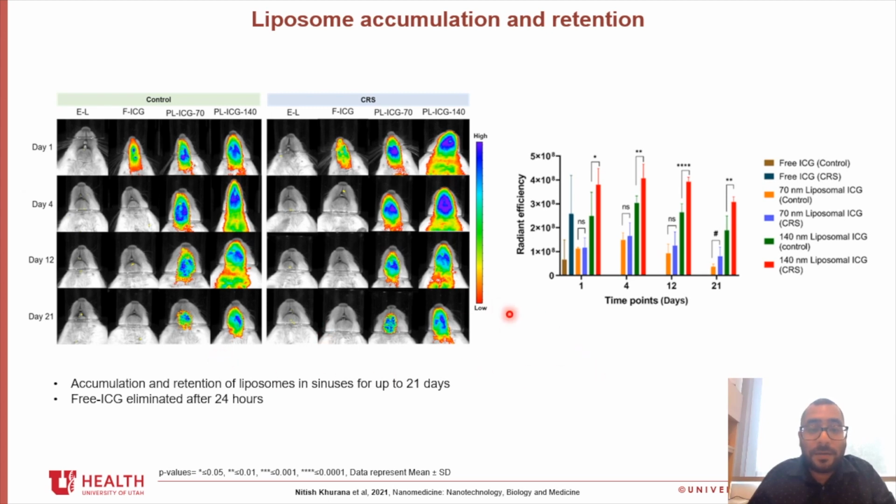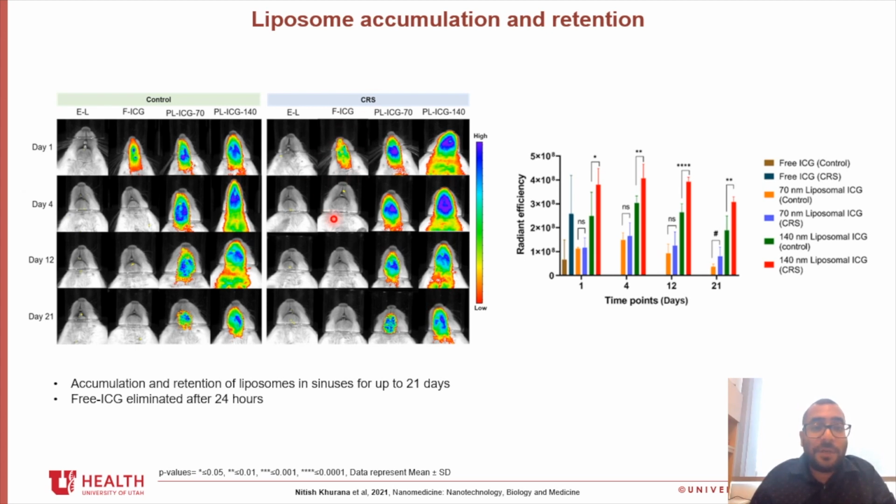Now you would say that the same might be happening in this case as well, that it is the ICG albumin complex and not the liposome itself. But if you look at the quantification, say for example, we look at day 12, you see that the accumulation in the diseased animal versus the healthy animal was significantly higher, which means that it is the liposome that is accumulating inside the sinuses.